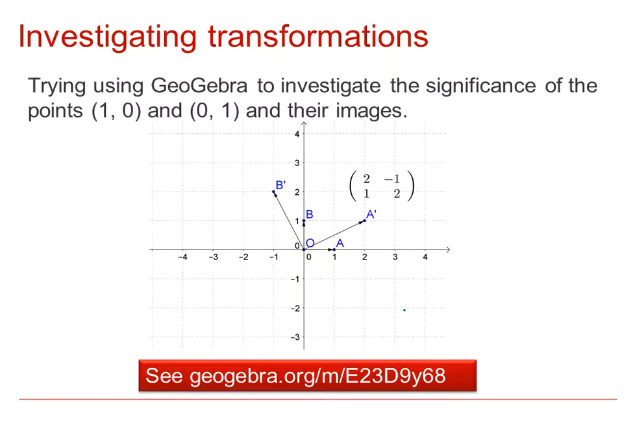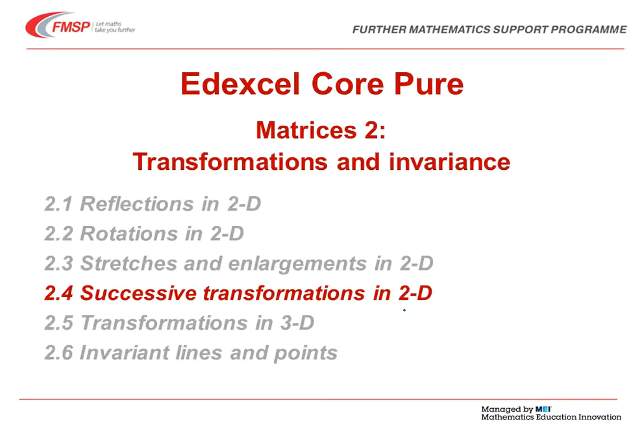Again, you can investigate these transformations using the GeoGebra file given and see what happens to the points 1, 0 and 0, 1 under various transformations. In the next session, we're going to be looking at successive transformations in 2 dimensions.